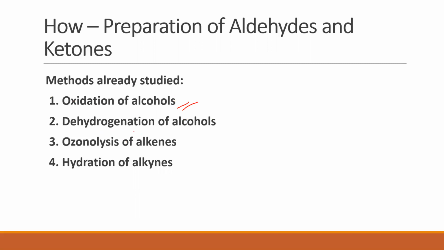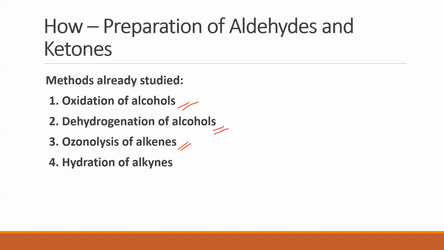Second one is again something that you've already come across, dehydrogenation of alcohols. This was one more reaction, one more chemical property that you studied in the previous chapter. Dehydrogenation of alcohols, removal of hydrogen. And the third one, ozonolysis of alkenes. Sounds familiar? Yeah, this you studied in your first year when you did alkanes, alkenes, and alkynes.